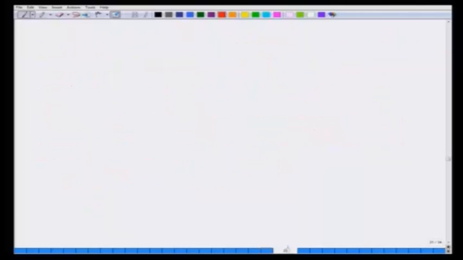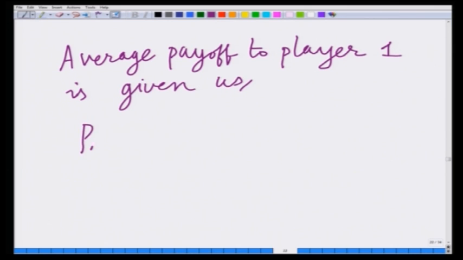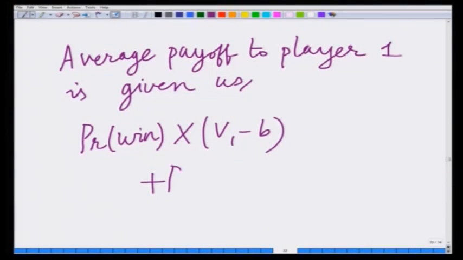So, therefore, the average payoff to player 1 is given as the probability that he wins the auction times V1 minus B, because his payoff if he wins the auction is V1 minus B, plus the probability of loss times 0, because if he loses the auction, his net payoff is 0, right. So, what are we saying?